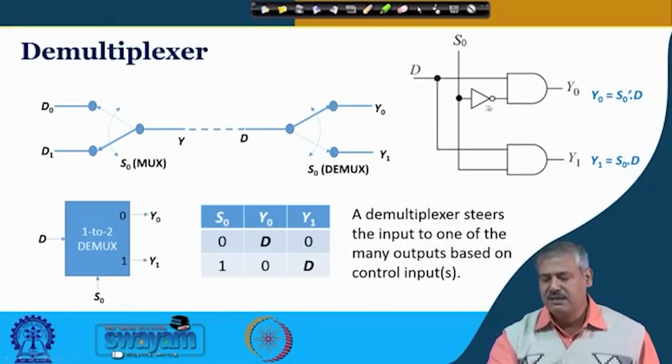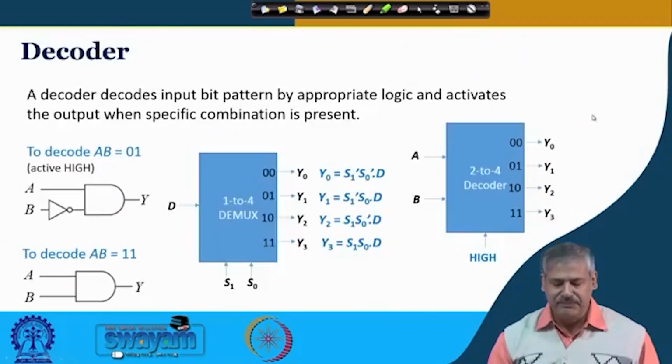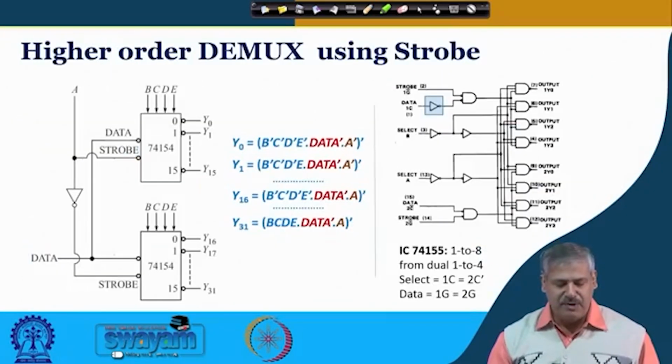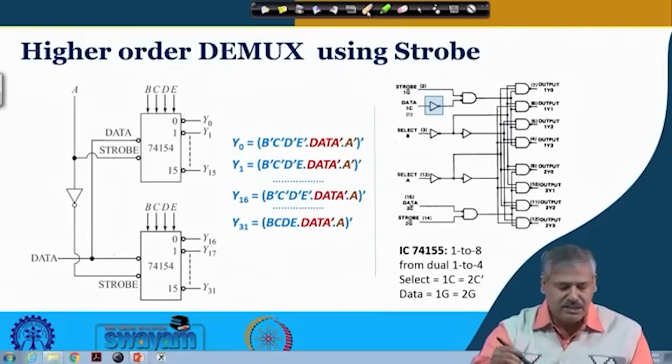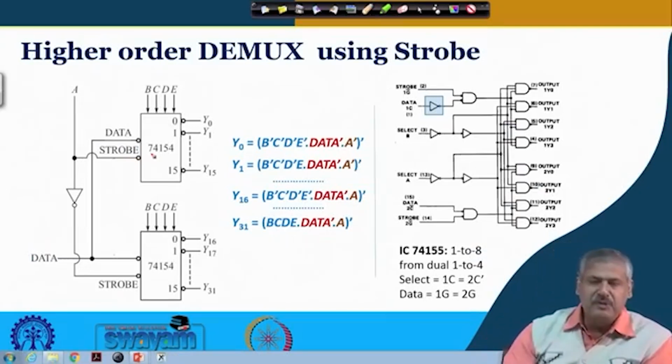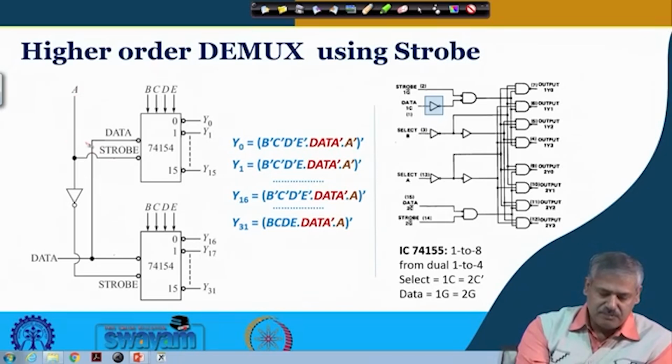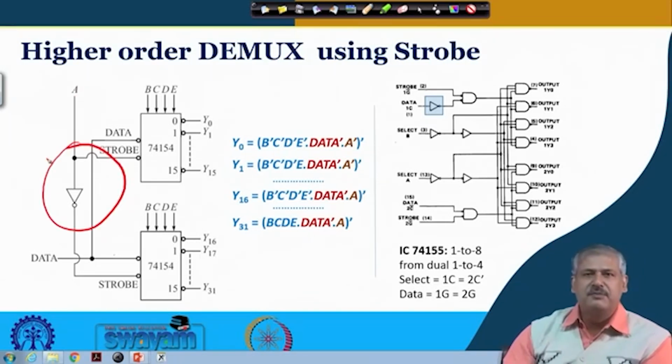So S0 is selecting S0 bar D and S0 D, one of these two outputs is selected. So a similar thing we can employ here, right, where this is the strobe input. So this particular combination is behaving like a 1 to 2 demultiplexer, right.